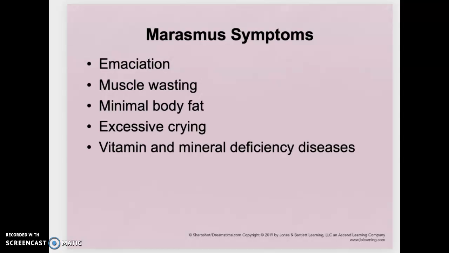That has the big pot belly, the moon face. They don't look like they're malnourished, but they're actually severely protein malnourished. They're getting probably a decent amount of calories, but they're not getting enough protein to keep that fluid balance. Whereas with marasmus, you might think of somebody who was in the Holocaust, right? They didn't have enough protein, but they also didn't have enough calories. So their body was using those fat reserves and those muscle reserves as energy, and that's what results in emaciation.